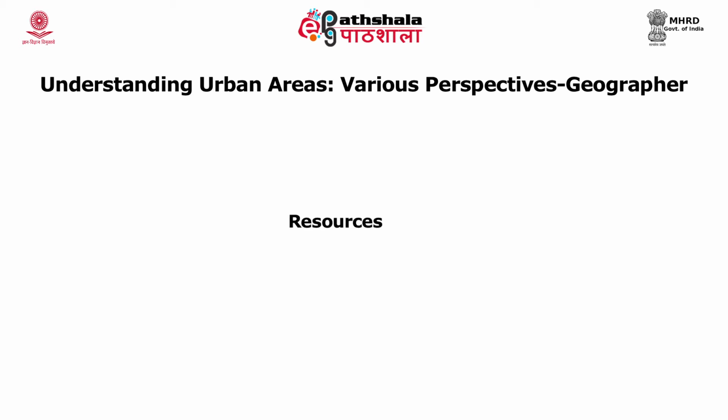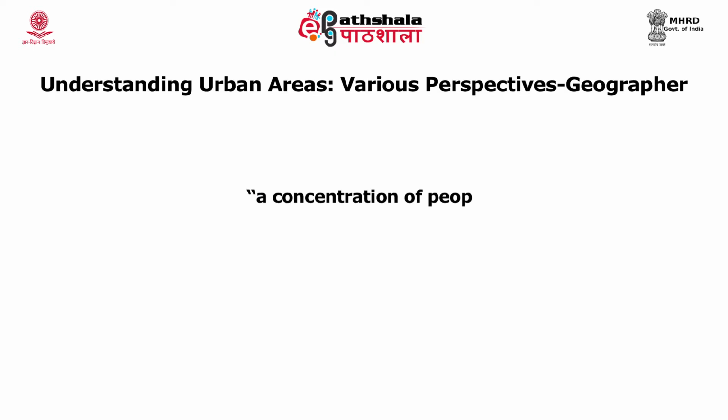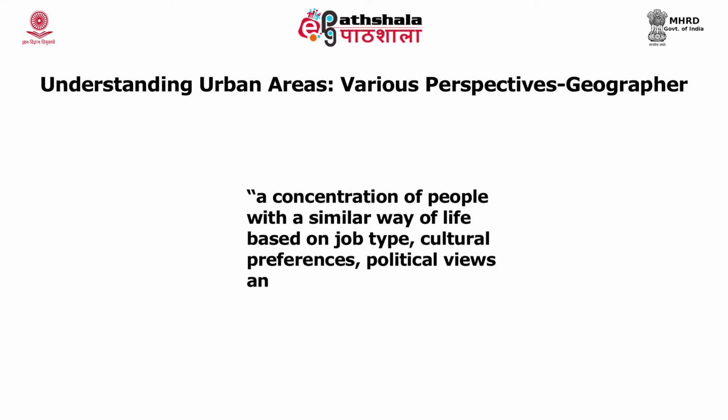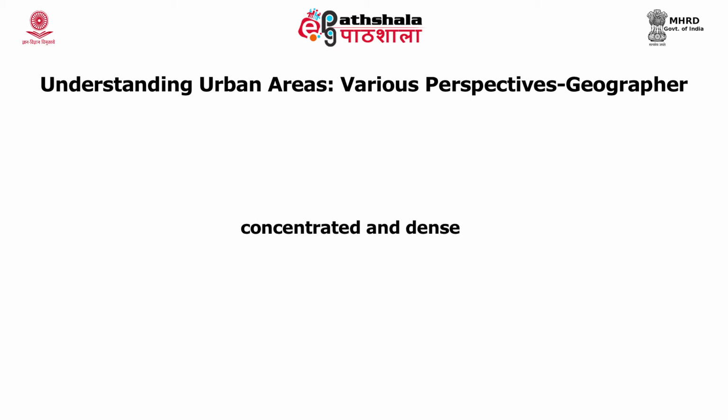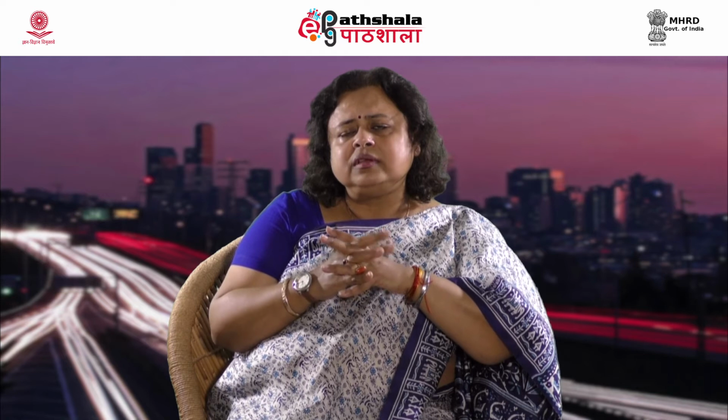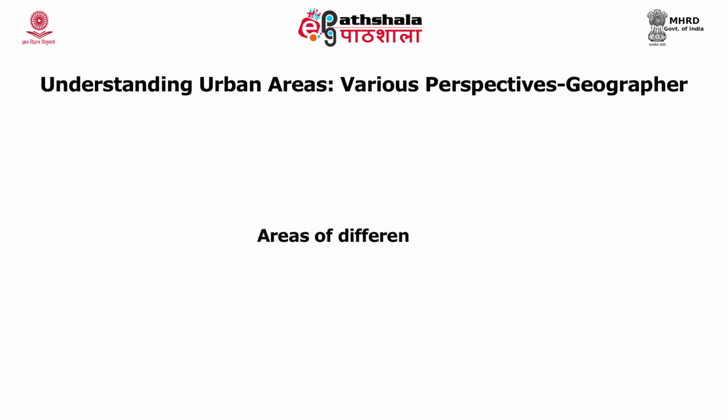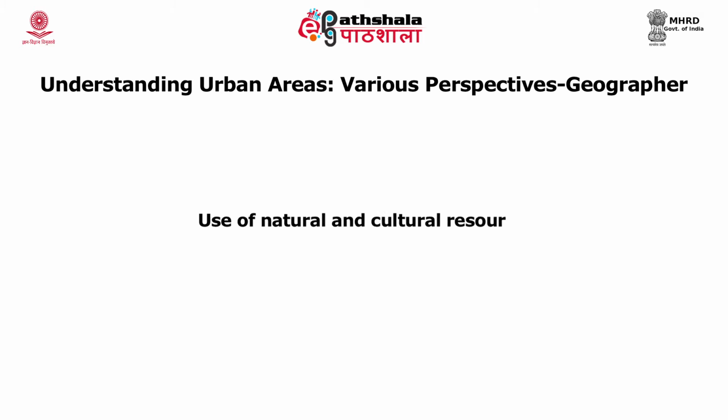Geographers have defined urban areas as a concentration of people with a similar way of life based on job type, cultural preferences, political views, and therefore they relate to a concentration or a density of people. And the cities can be distinguished in terms of areas of different sizes, specialized land uses, variety of different institutions, and use of natural and cultural resources.